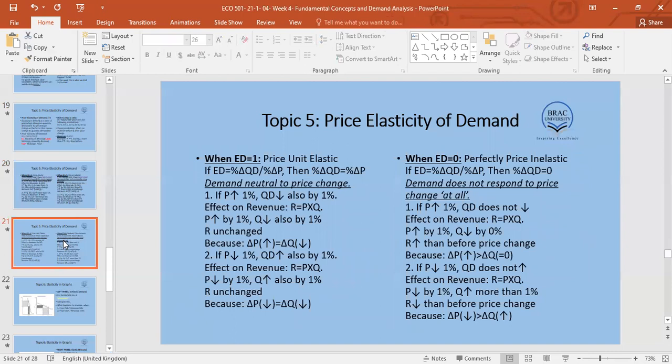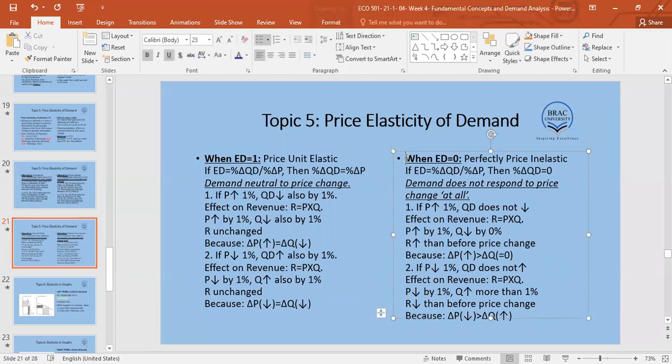What about unit elastic? Unit elastic means the value of elasticity of demand is 1. What does that mean? If the price increases by 5%, quantity demanded falls by 5%. No change in revenue. If price decreases by 5%, quantity increases by 5%. No change in revenue. A fourth condition is when demand does not respond to price.